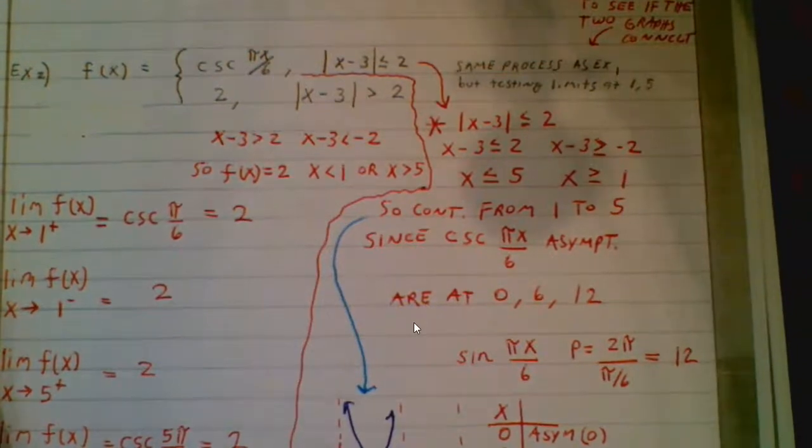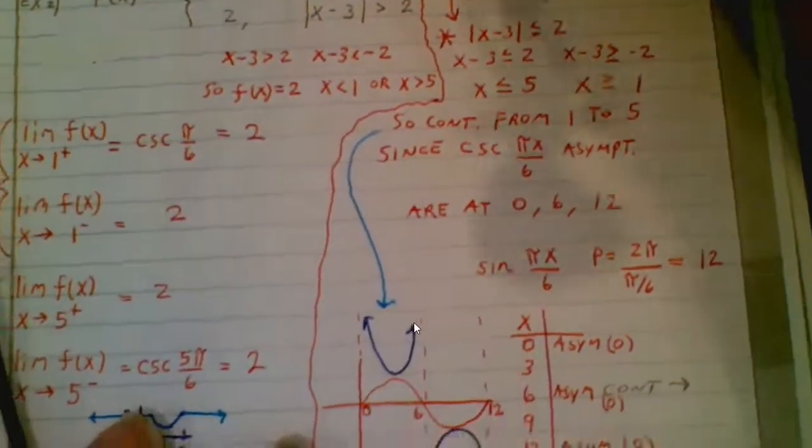We haven't graphed cosecant graphs for a while, so I'm going to remind you of our little process for doing that. Remember, for a cosecant graph, cosecant is just the inverse of sine. So really what you're doing is graphing the sine of pi x over 6, which would be this red graph.